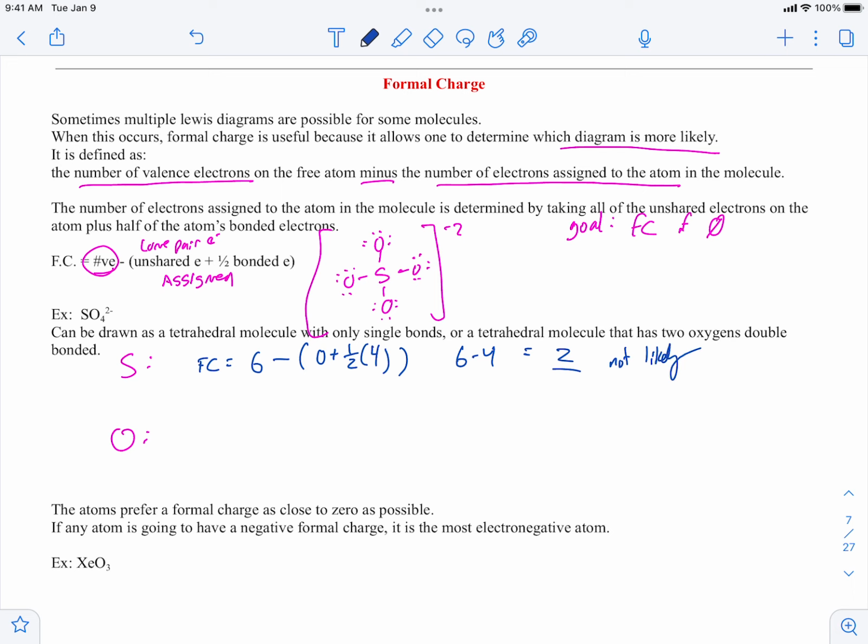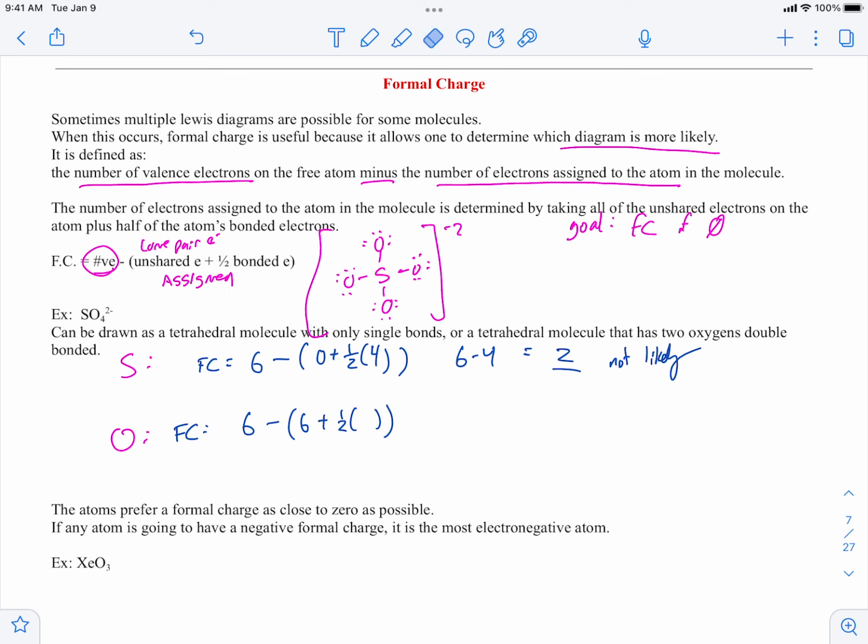Let's calculate the formal charge on oxygens. Now, all oxygens are identical here, so I only need to do this once. I don't need to do this 4 times. Oxygen normally has how many valence electrons? 6. And how many lone pair electrons are on any given oxygen? 6. For sulfur, why isn't it 6 minus 2?